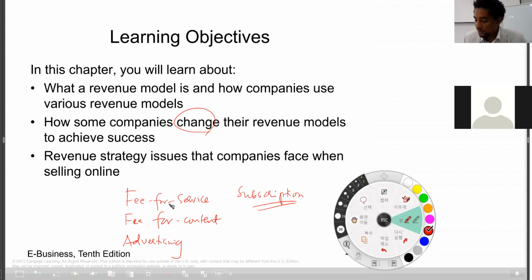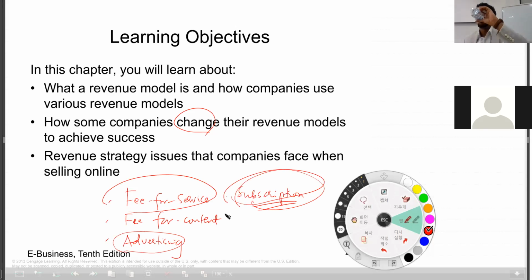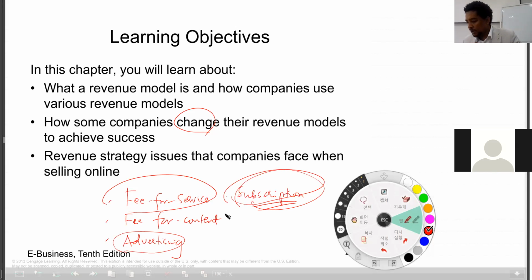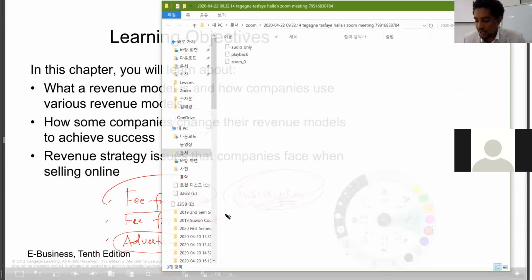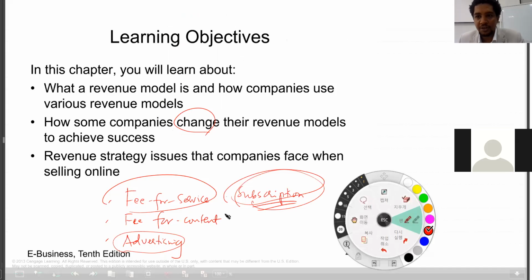These are different revenue models, and you might use one and change it to another later on. Or you might use advertising, then change to something else, or actually you can also use a combination. You can use advertising plus subscription, something like that, okay?